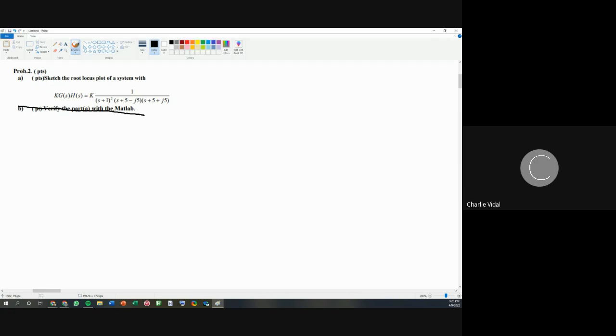Okay, so we're gonna draw the graph first, just so that we can see where everything is. There are no zeros in this problem. There are two x's at -1, and then another 2 x's at -5 plus j5, and this one is at -5 minus j5, right?